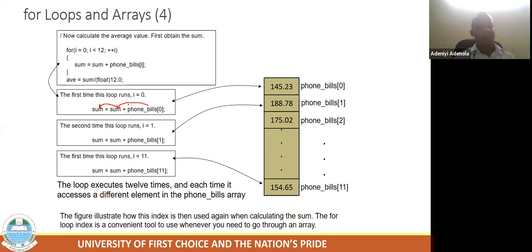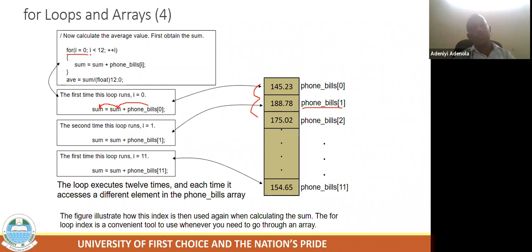The second time, i becomes 1. So it means you're accessing the second variable. You update it with the previous value of sum. You get that? So that's how you traverse, how you move from each location using what?